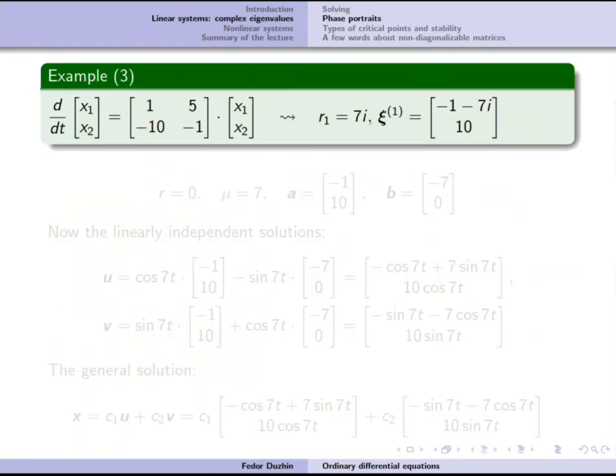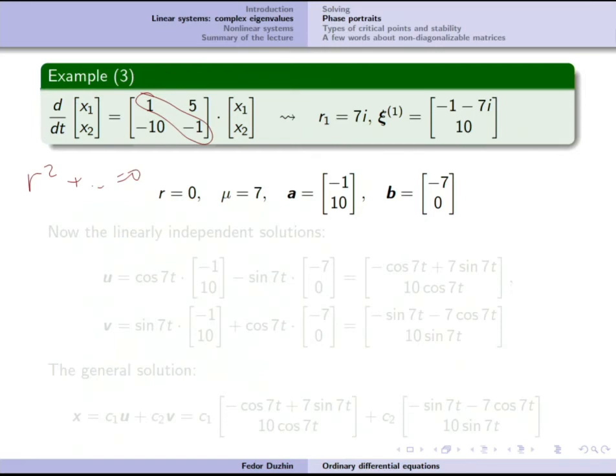All right, here is one more example. Notice that if you look at the trace of the matrix, the trace is 0. Which means the characteristic equation is R squared plus something is 0. So the two eigenvalues are going to be purely imaginary. There's not going to be a real part.